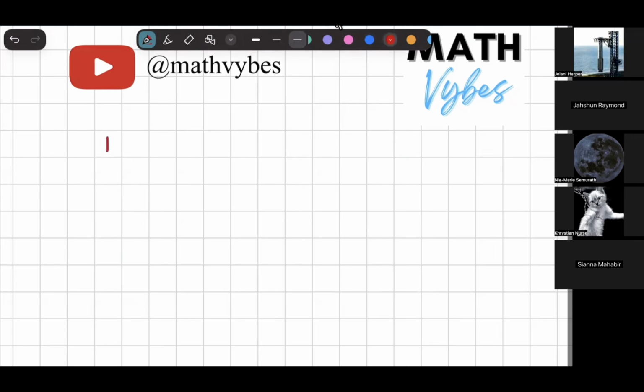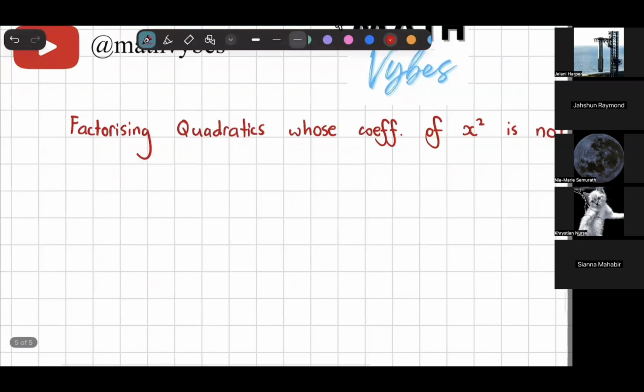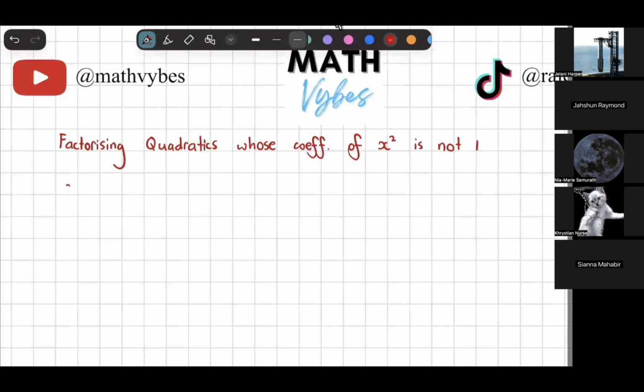So let me show you how to factorize quadratics whose coefficient of x squared is not 1. And how would you write this mathematically? Well, I would say that a is not equal to 1.